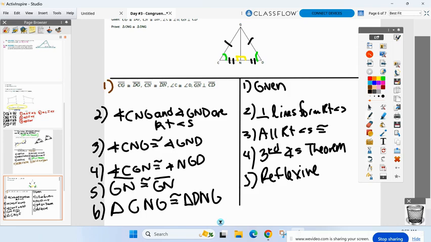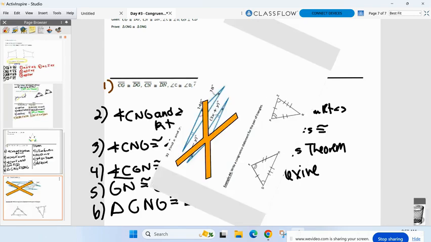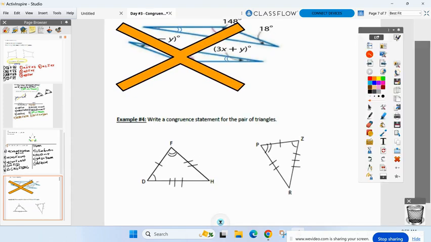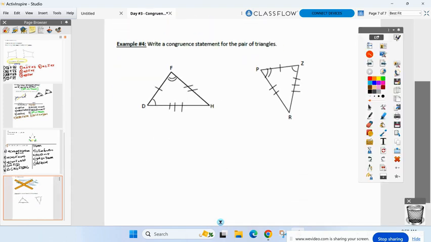Ask any questions on how any of these angles or sides came to be. And then the only thing else I want to do is make sure you guys can match up. Write a congruent statement for me now. A congruent statement, which is this triangle congruent to this one in the correct order.